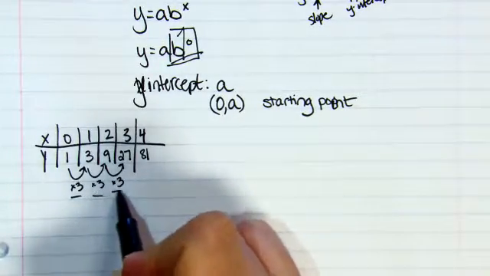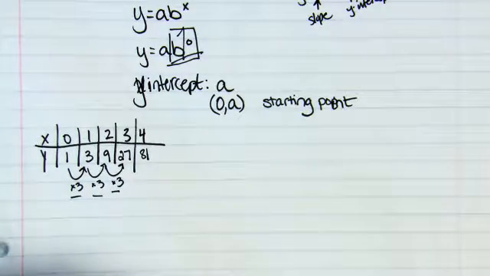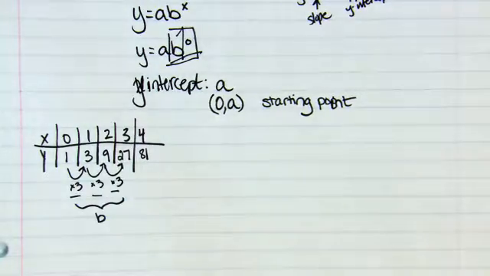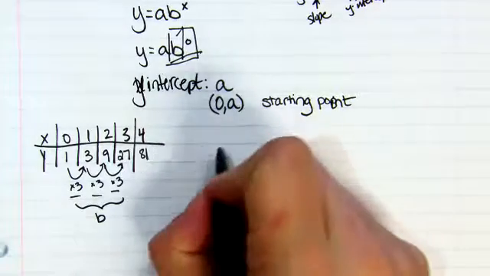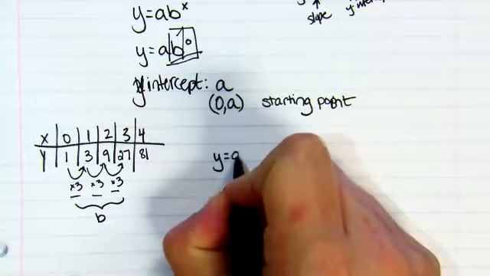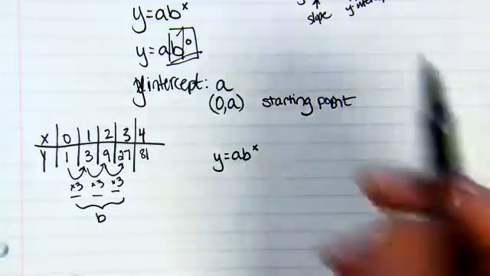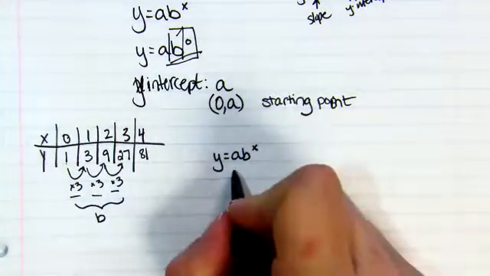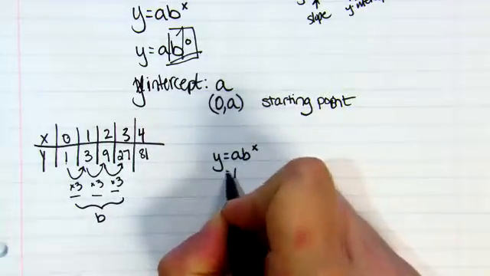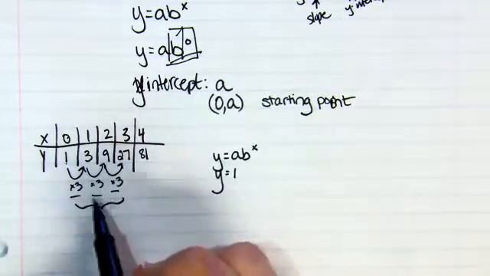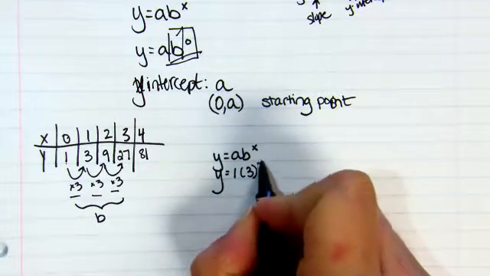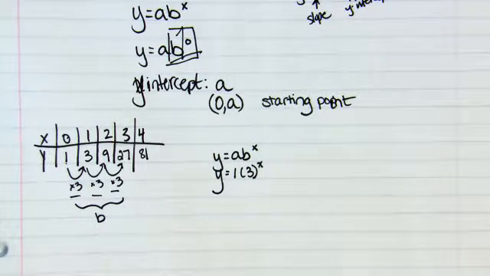This number right here, the number that I'm multiplying by over and over, this is going to be my b value. So if I have ab to the x, my starting point here, (0, 1), so I'm going to put 1 in for a, and then because I'm multiplying by 3 every time, I'm going to put in a 3 for b.